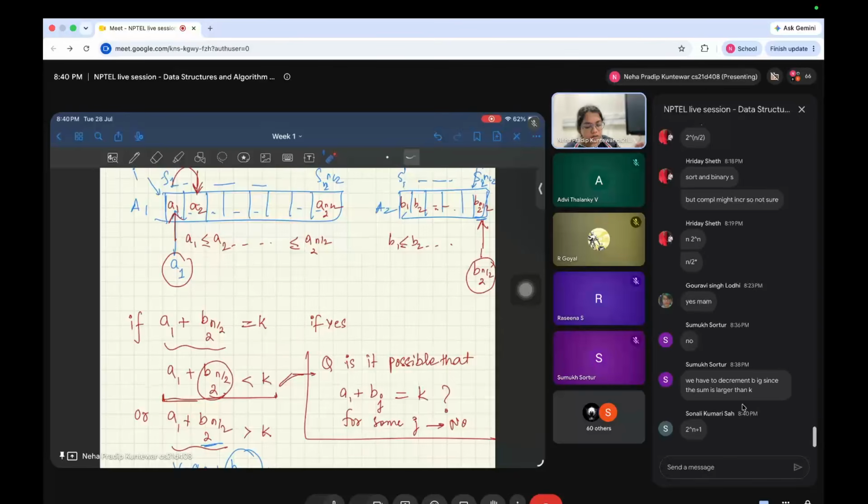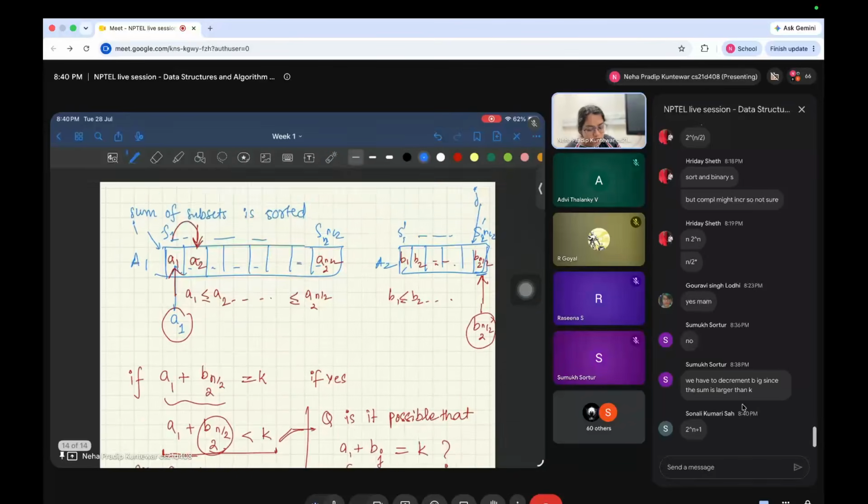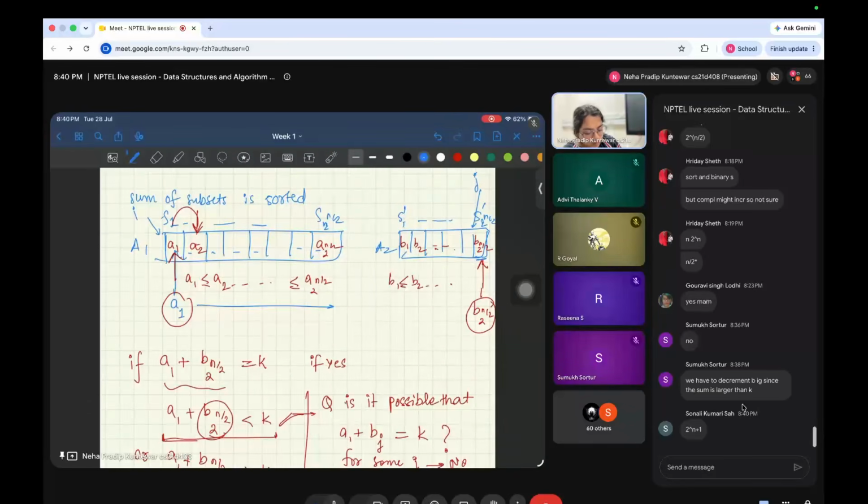Yeah, good. So what you are doing is, in every step you are either shifting your i by one step or you are shifting your j by one step. So you are going to meet somewhere in the middle, unless you have already found your answer.